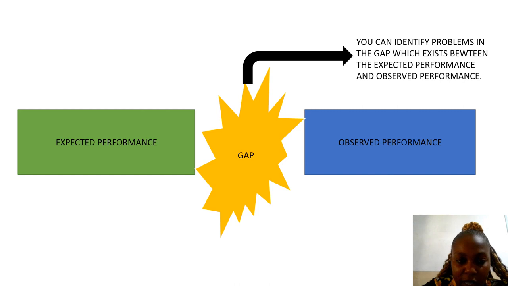Between the expected performance box and the observed performance box, you can see something yellow written a gap. In this gap, that's when you can identify problems which exist between your expected performance and your observed performance.